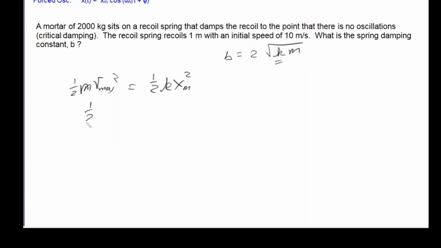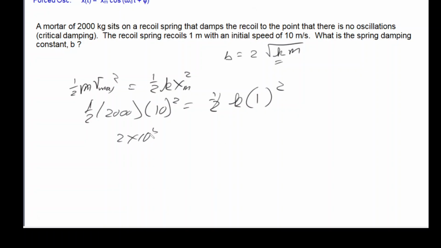So putting those numbers in, 1/2 times 2,000 times v max, in this case 10 squared, is equal to 1/2 k times x sub m, which is 1 meter squared. Those cancel out. You get 2 times 10 to the 5th is equal to k.